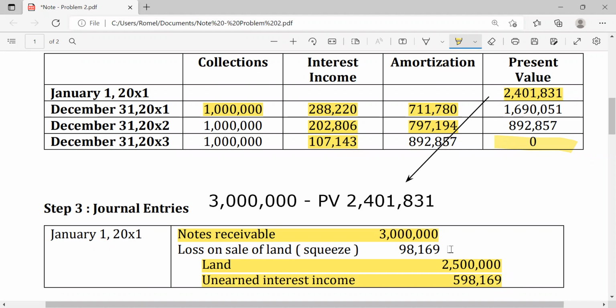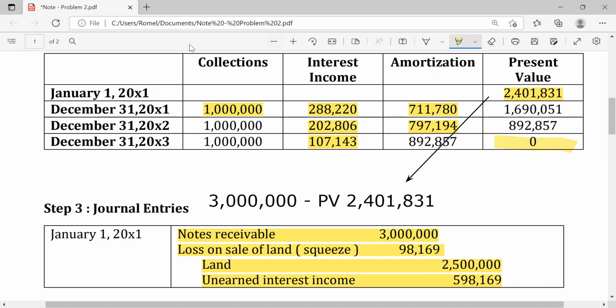And then next, hindi magbabalance ang debit at credit. So what is the squeeze account that will balance the debit and the credit? Loss on sale of land na nasa debit side, 98,169 pesos. So, ano to? Bakit loss? Kasi, how much is the cost of land that you sold? The cost of the land that you sold is 2.5 million pesos.